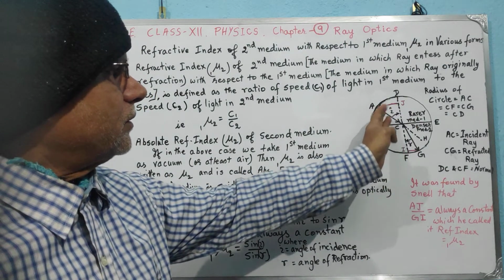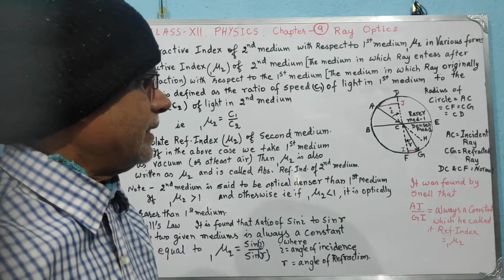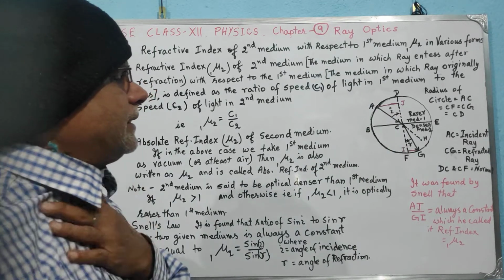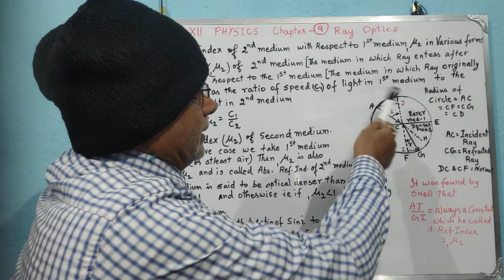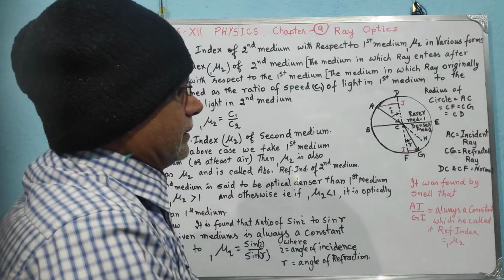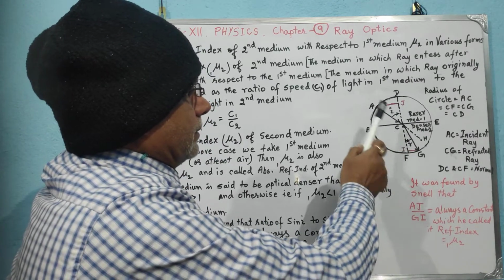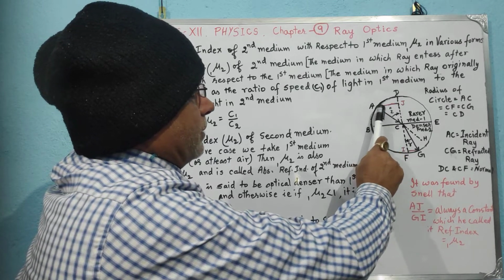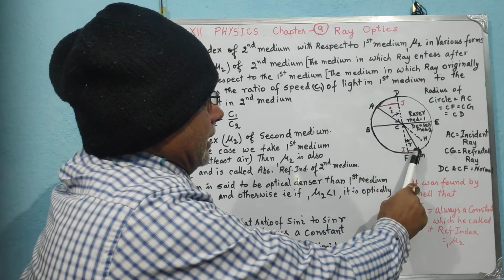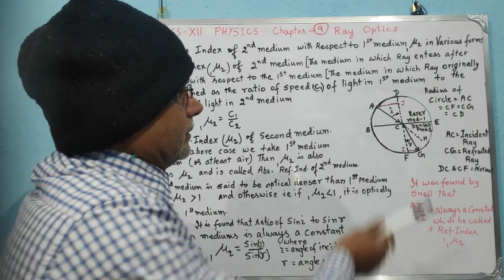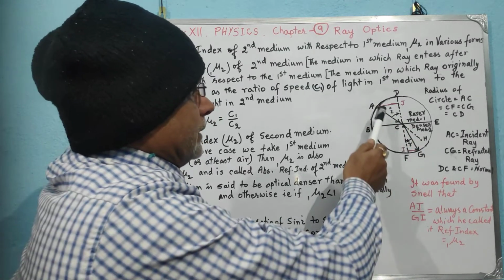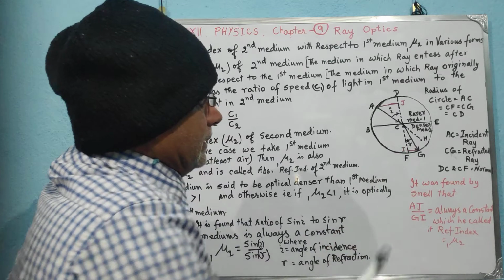Here Snell traced the incident ray and refracted ray for different mediums, and he found each time that if a circle is drawn about the point of incidence having some radius, and then perpendiculars were drawn from the edge of the incident ray and the edge of the refracted ray, taking the length of both these rays to be equal, and since we have drawn a circle, the length AC must be equal to length CG.